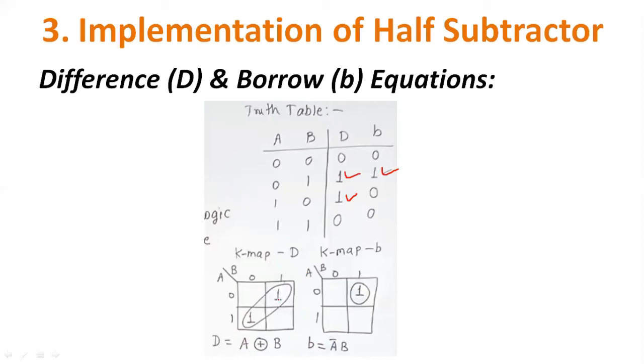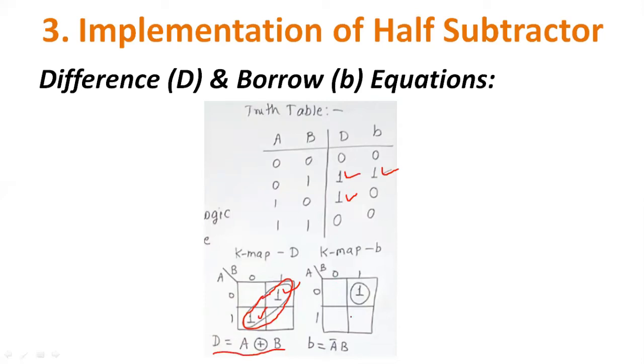So the first combination and the second combination have 1 1 written here, and diagonal grouping means it is the XOR operation. So D is equal to A XOR B. This is our final expression for difference.